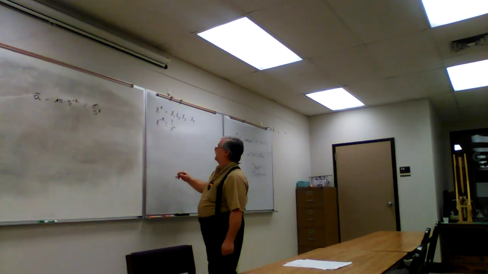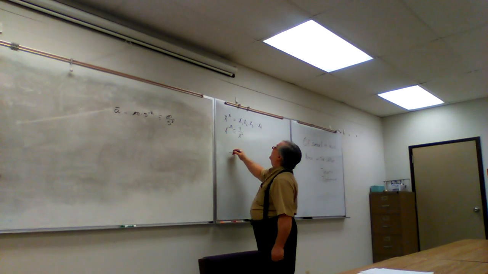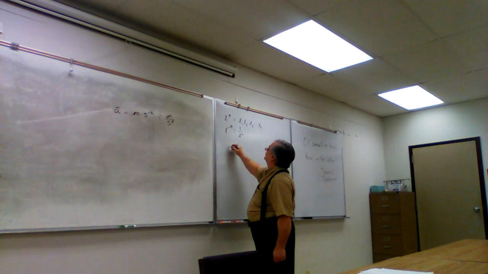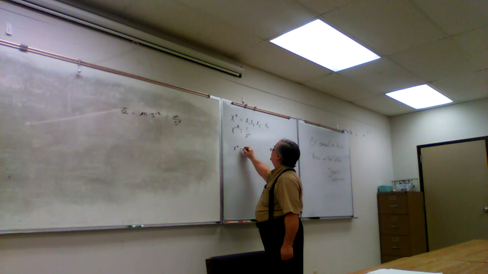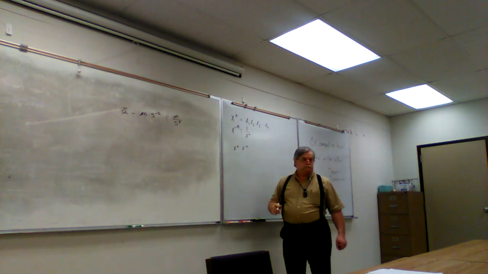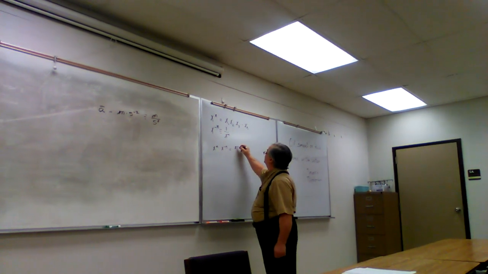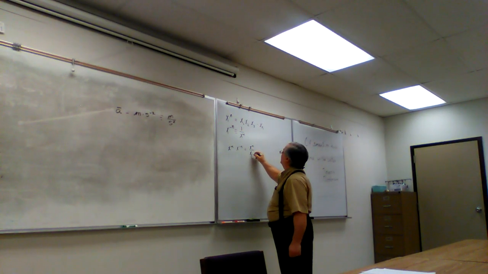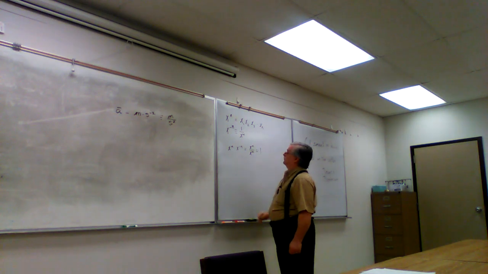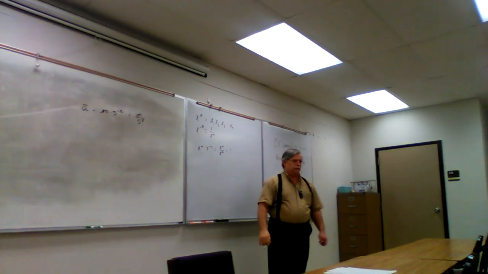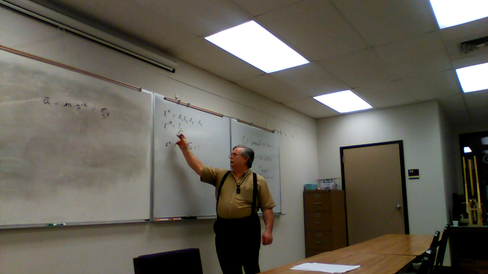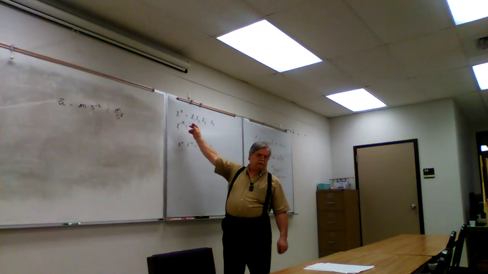So if you have x to the n times x to the minus n, that means you have x to the n divided by x to the n, which equals 1. This is reciprocal notation.